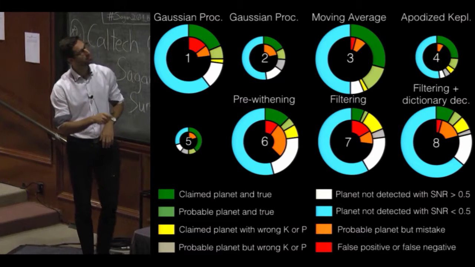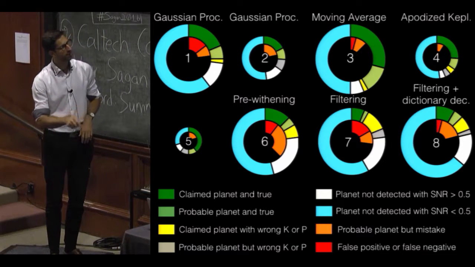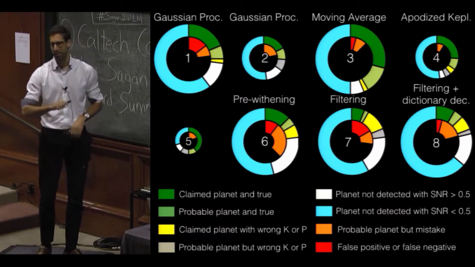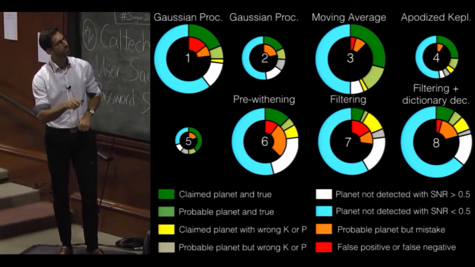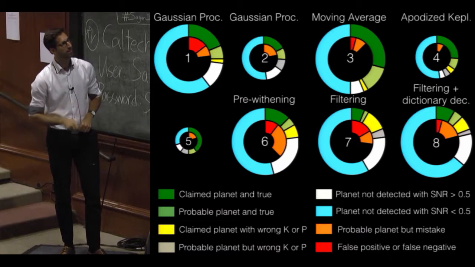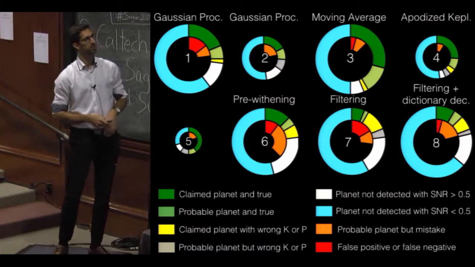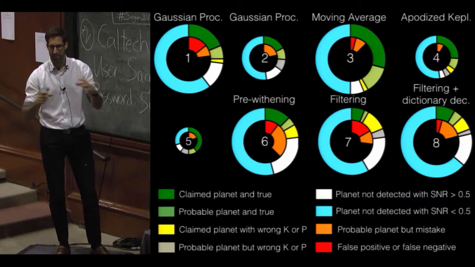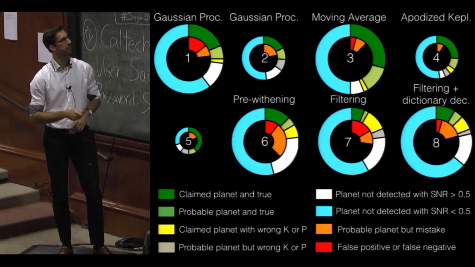And basically what you see here is all those techniques at the bottom are non-Bayesian techniques with non-red noise models, and the teams at the top are teams that have used a Bayesian framework with red noise.